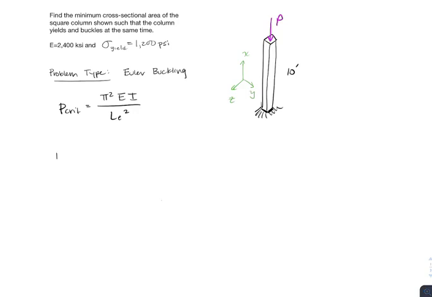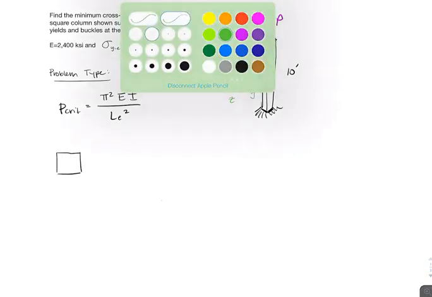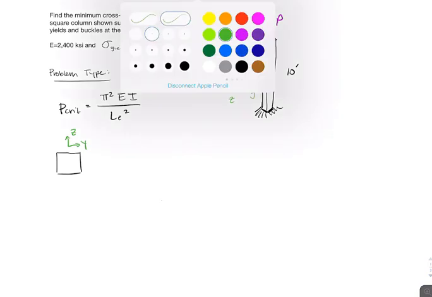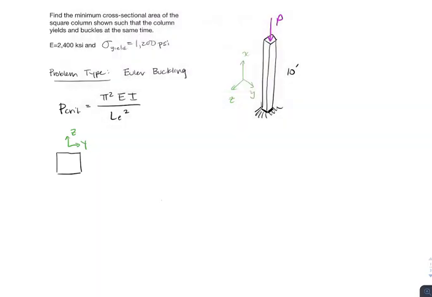So if we look at this cross section right here, and then if we put our axes on it, this is going to be z and this is y. Since it's a square, both the moment of inertia about y and z are going to be equal to each other because they have the same base and height.